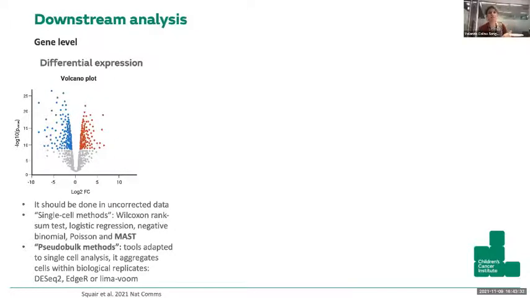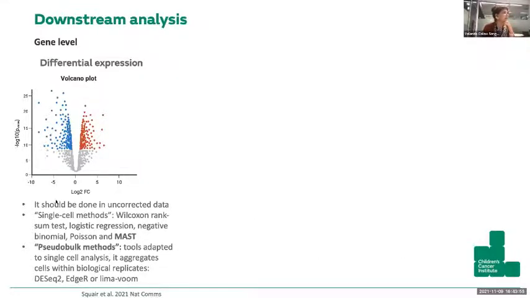Okay, and then finally, the last type of analysis that I'm going to talk about today is the analysis at the gene level. So you might want to do differential expression analysis between your conditions in a certain cluster or in a certain cell type.